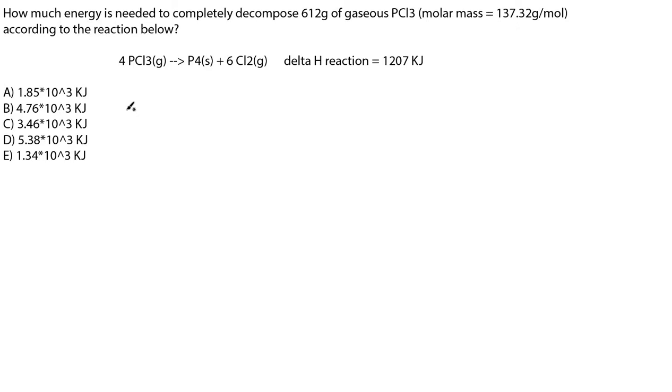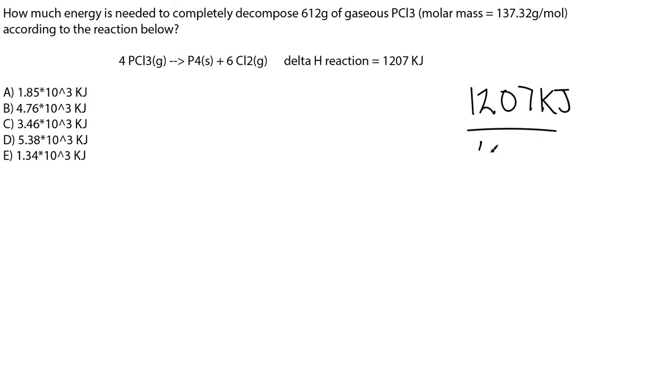Okay, so because we have this 1207 kilojoules, this is per 4 moles of PCl3. So what we're going to do here is take 1207 kilojoules. And the way that I am thinking about it is it's going to be simpler to do the energy that is generated per mole of PCl3.